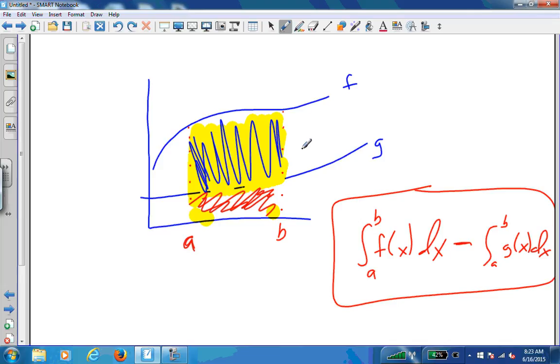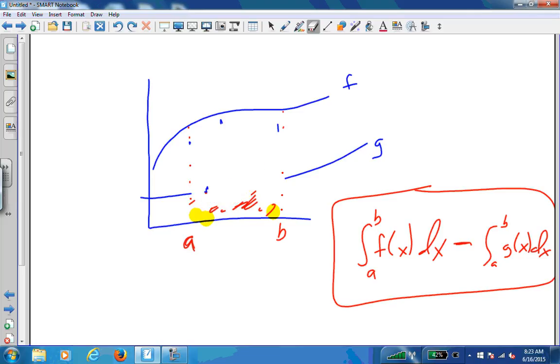Now another way of looking at it, let me erase this real quickly, is to draw a sample rectangle and say, well, if I want the area in between these two curves, I want to add up all of these little rectangles that go from this curve to that curve.